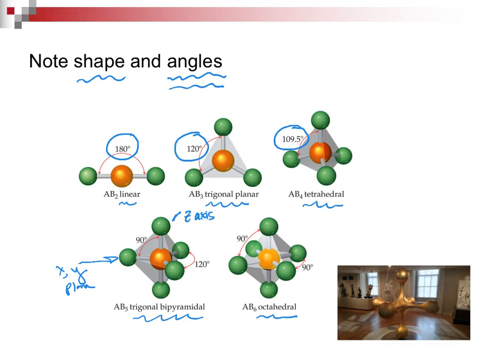When I look at the AB6, there is an XY plane where 4 of the atoms lie, and then 2 of them lie on the z-axis. The only difference is with the octahedral, we're at 90. 360 divided by 4 is 90. With the trigonal bipyramidal, we're at 120. 360 divided by 3 is 120.